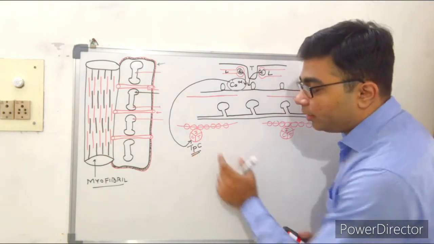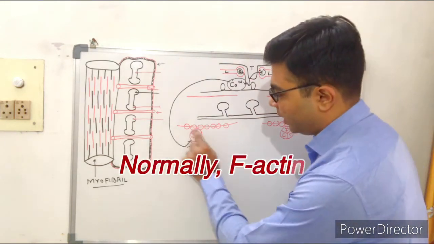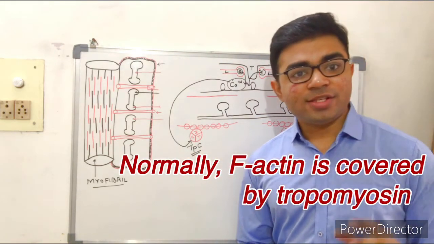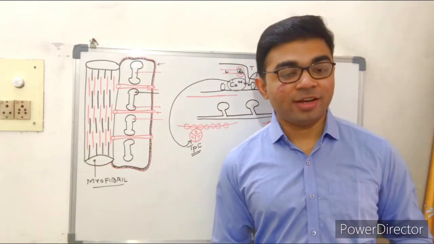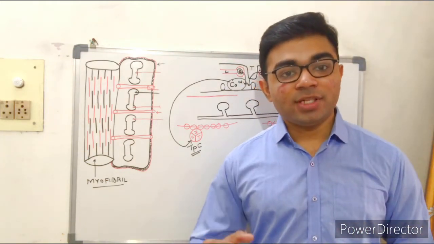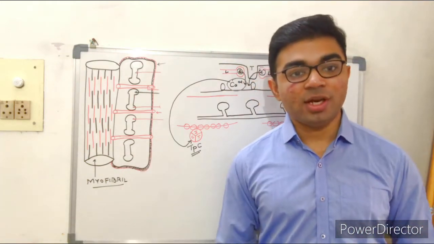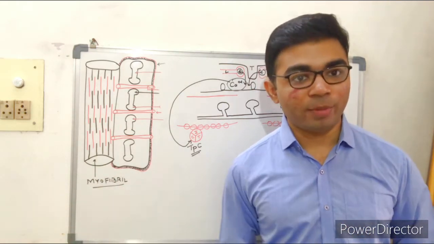Now, in the normal condition, tropomyosin, this line, is actually covering the active site present over the F-actin. Remember, I have just explained that F-actin has an active site which is going to bind with the head of the myosin. But in normal condition, it is covered by another protein, that is tropomyosin.